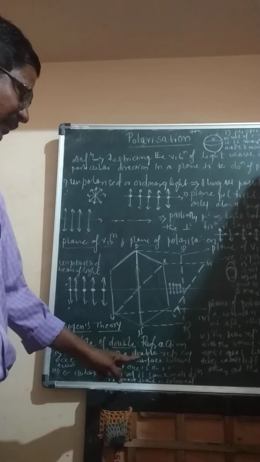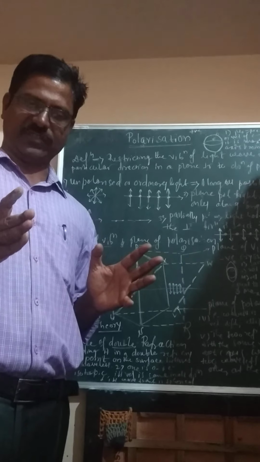One wavelet he called the ordinary wavelet, and the second the extraordinary wavelet. The next observed fact is that ordinary wavelets are isotropic in nature. When do you say that it is isotropic in nature? Its velocity is the same in all directions of the crystal.